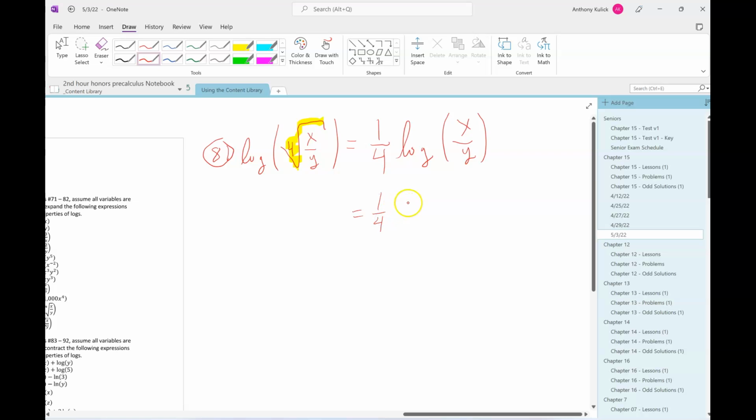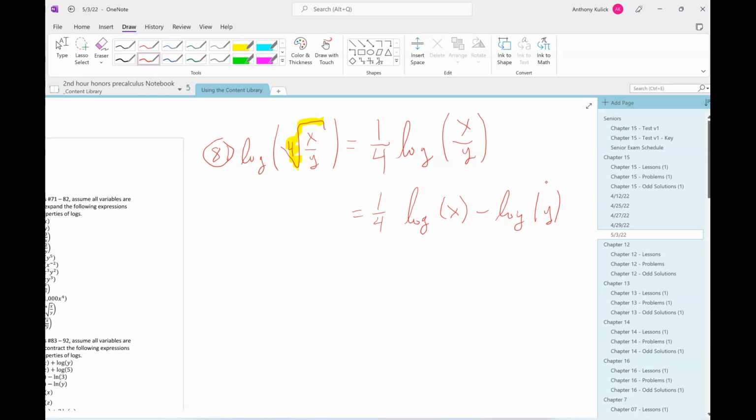So what would we write then? Right, that's quotient property. Now I've written this wrong. There is a mistake here. I wrote it wrong on purpose. It's not plus.